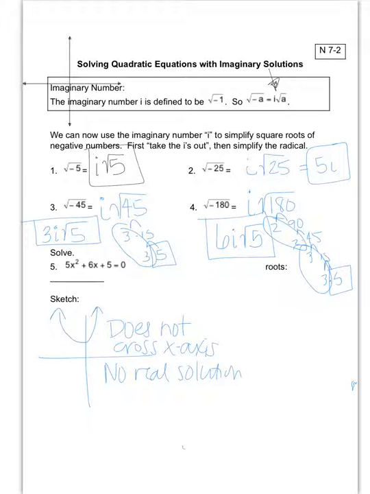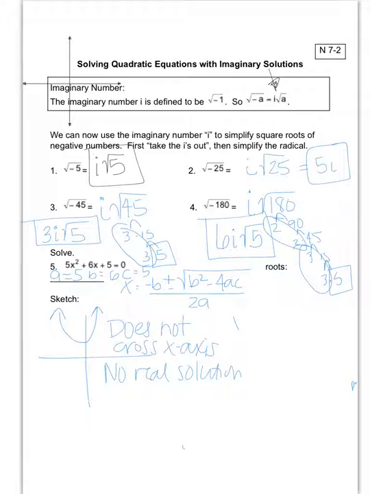So your quadratic formula: x equals negative b plus or minus the square root of b squared minus 4ac, over 2a. We've already used this. Okay, so notice that a is 5, b is 6, and c is 5.